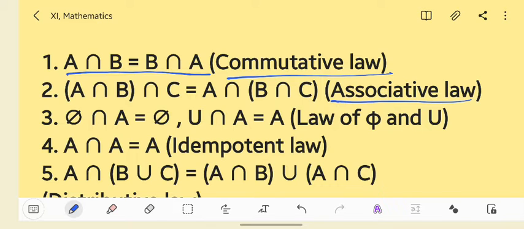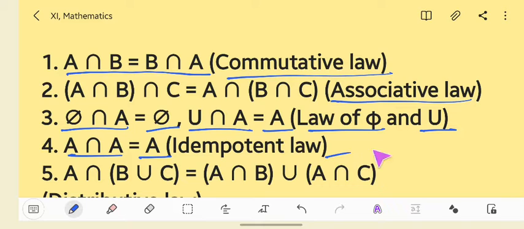That's it. Phi intersection A becomes phi only, and universal intersection A is equal to A only. That is law of phi and universal for the intersection of sets. A intersection A will give you A, which is idempotent law, which we have seen in the law of union of sets also.